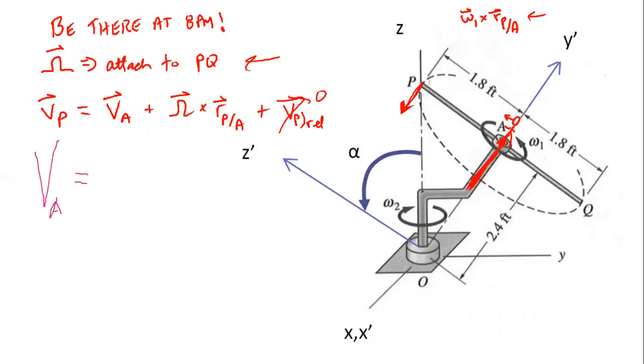It's going to be VO, and then that's added to omega 2, crossed with R of A relative to O. That's correct. And then is there going to be a V relative term to that? What do you think?